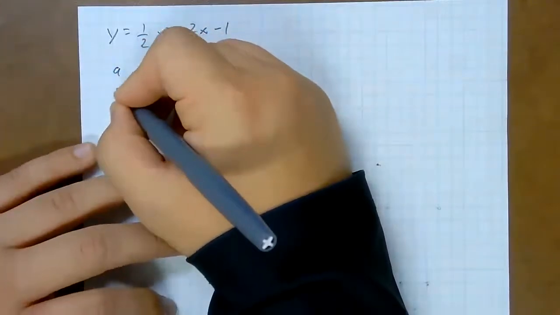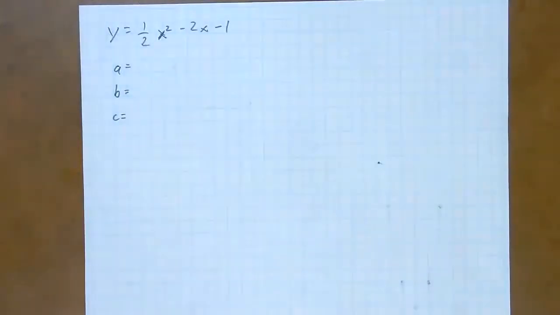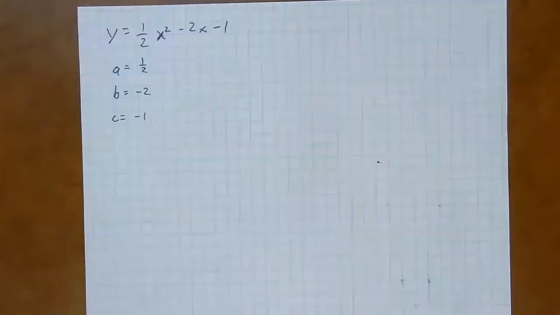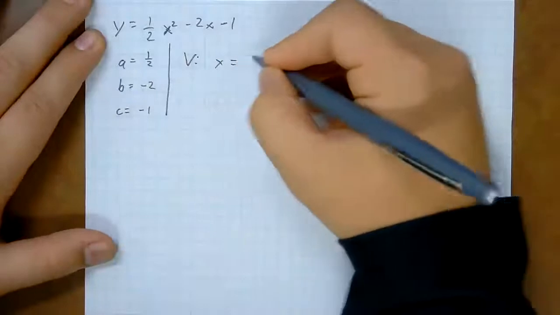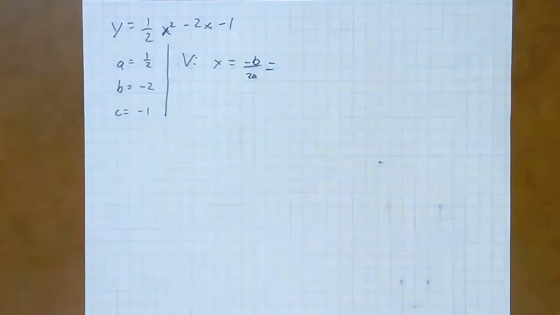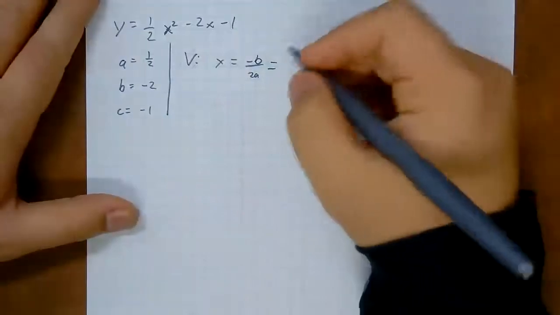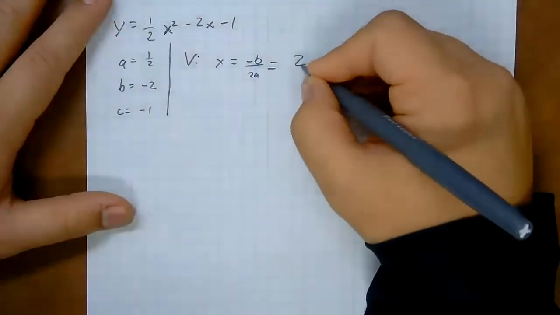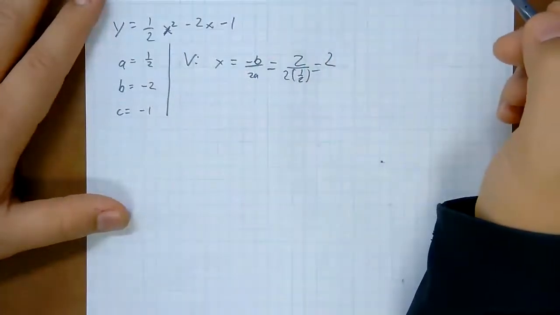First, tell me what a, b, and c are. You should have gotten 1/2, negative 2, negative 1. Next, I want you to tell me what the x value of our vertex is. Where's negative b over 2a? So what does x equal? We should have gotten 2 over 2 times 1/2. So that's just 2.